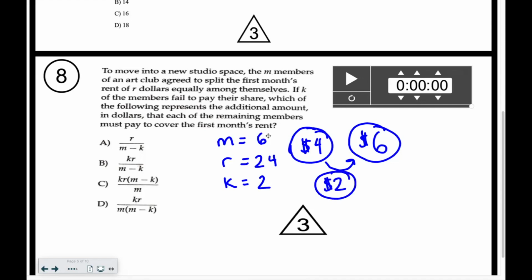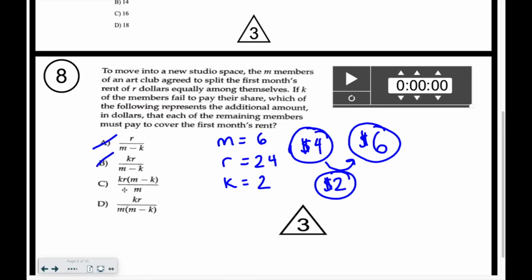So what this means is when I plug in these numbers, the answer that gives me 2 is going to be the answer. And then you just got to run through them. So this is like 24 divided by 6 minus 2. Well, that's not 2. K times R. This is 48 divided by 4.